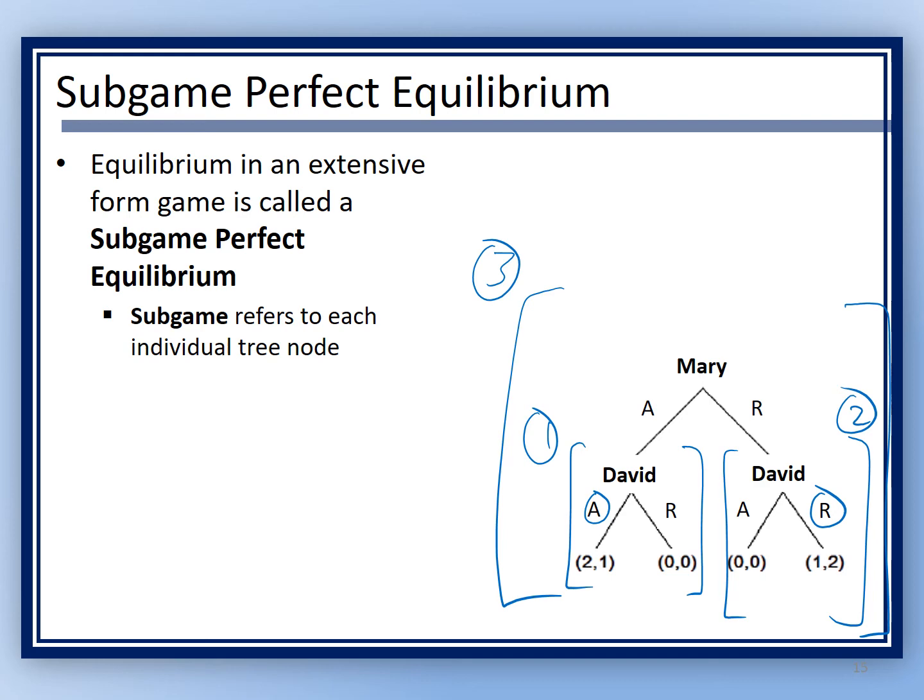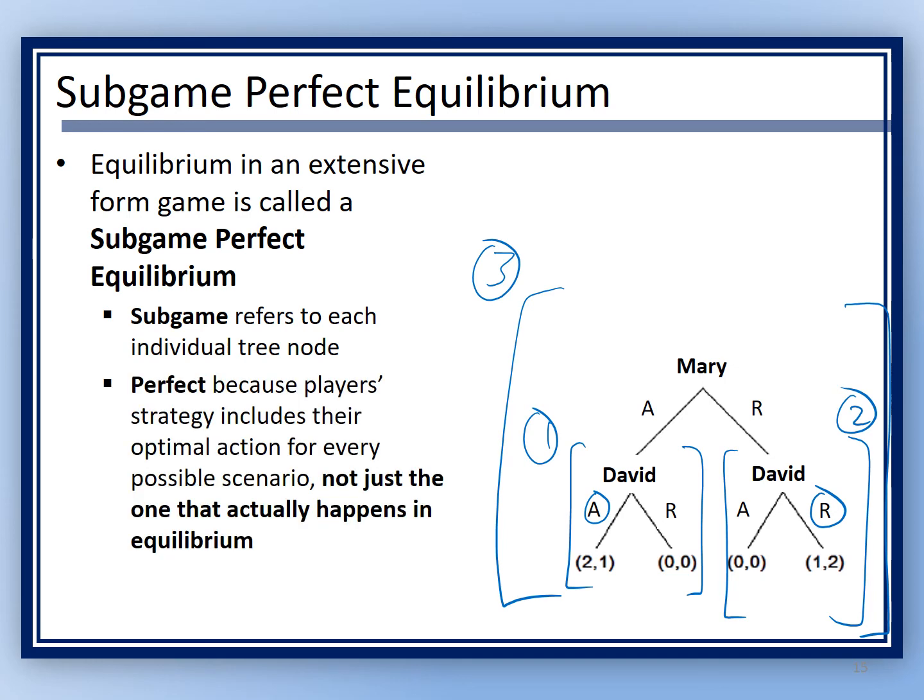It has players, actions, payoffs, strategies. It has all the elements of a game. Perfect is the requirement that the player has to choose the optimal action for every possible scenario, not just the ones that are going to happen in the end.